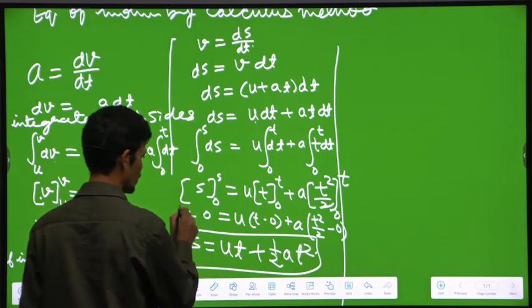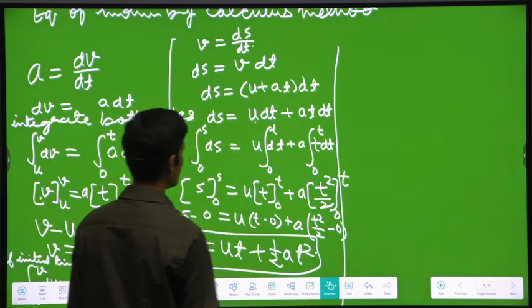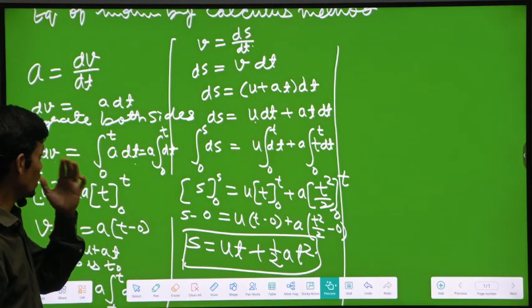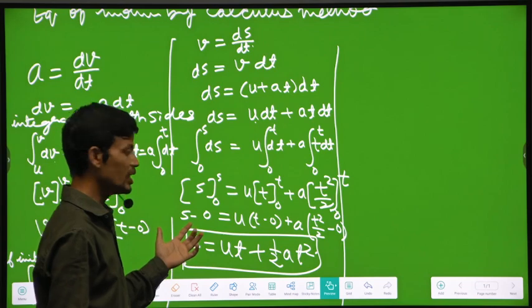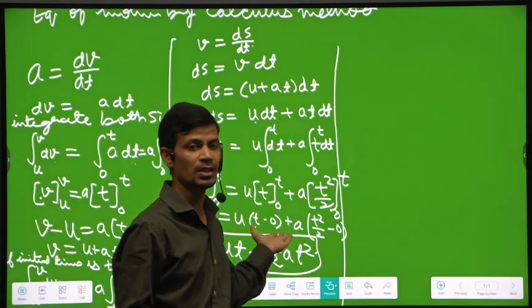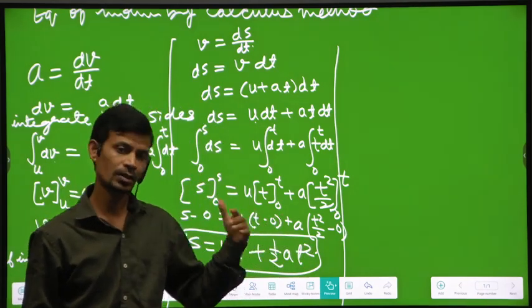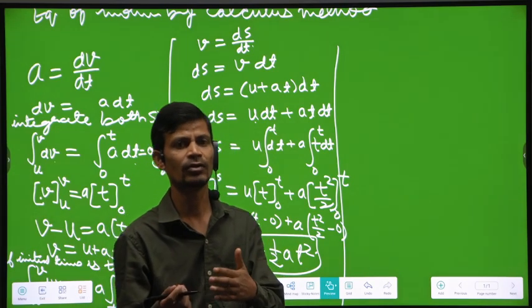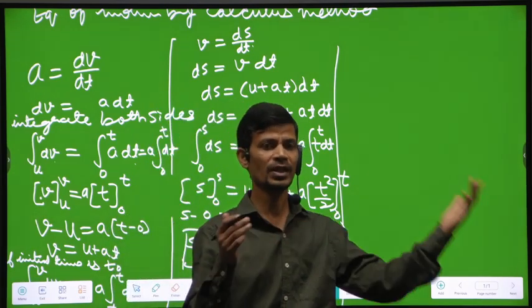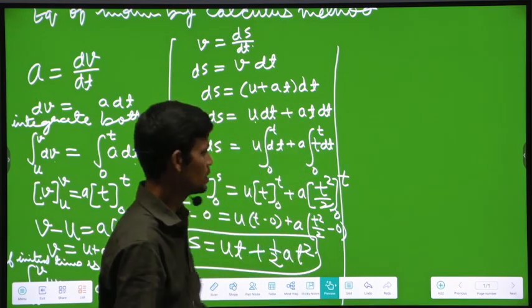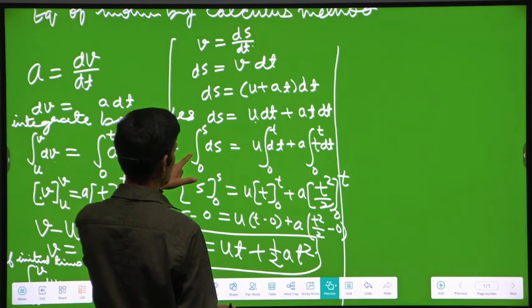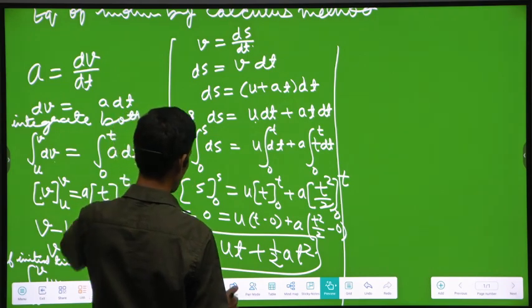There it is. Other than that, the same derivation can also be done if the initial position is not 0. It is possible that originally the position of that object is something other than 0. Then how will this get modified?